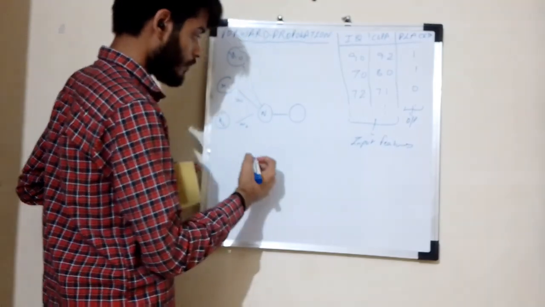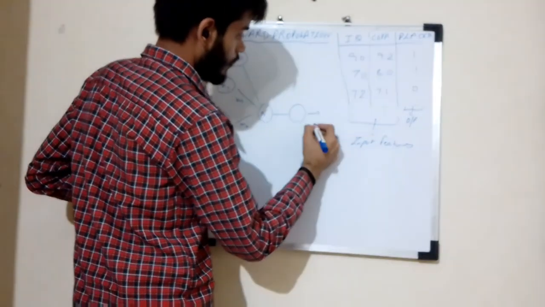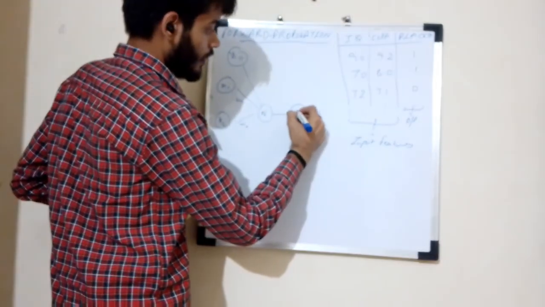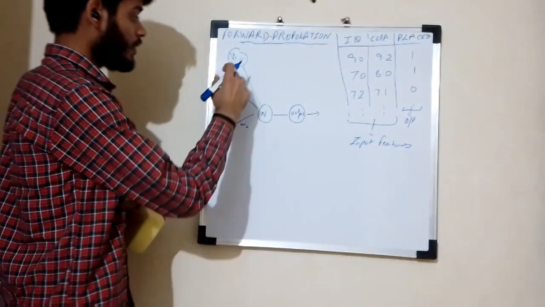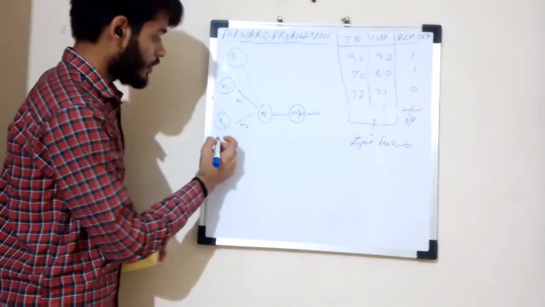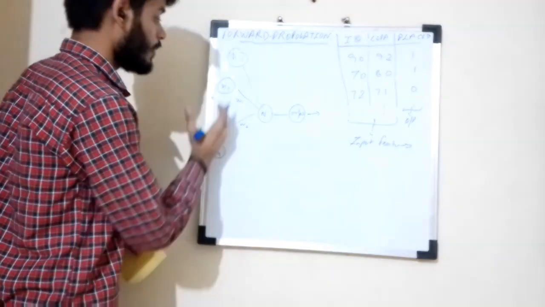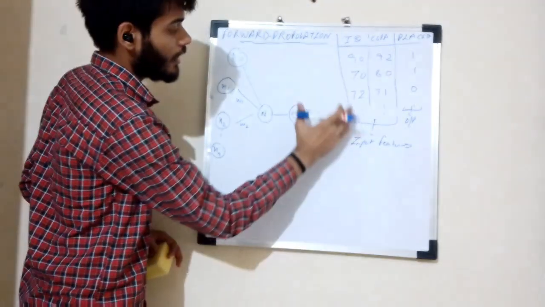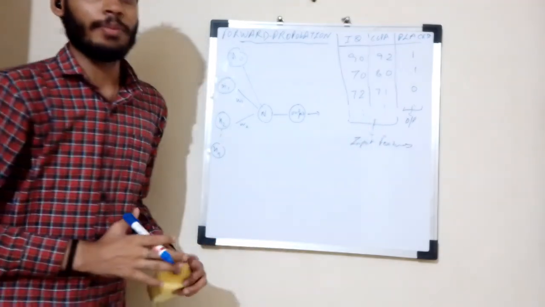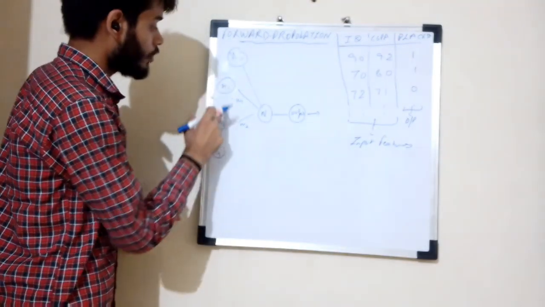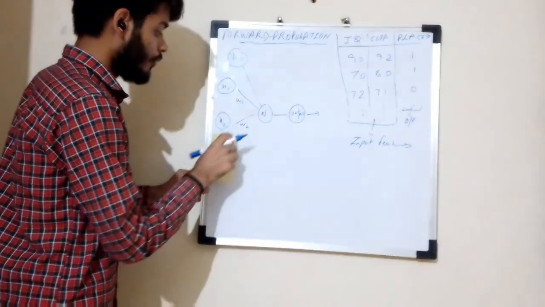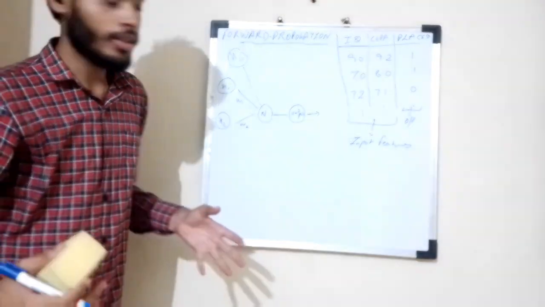Let me tell you some terms. Here x1, x2, which can go till xn, are my input features. In our case we have IQ and CGPA as our input features, so we have x1 and x2 here. We can have any number of input features.